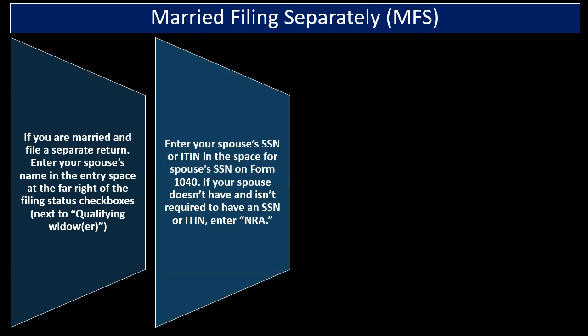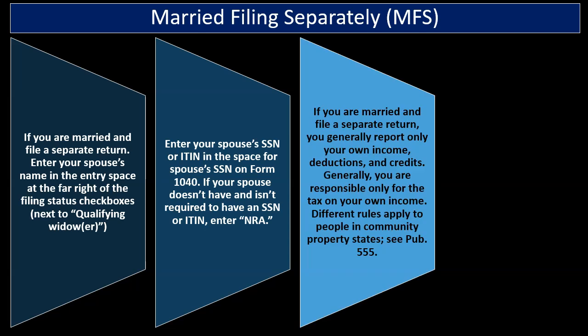So we're still going to have the information related to the spouse for a married filing separate return. Enter your spouse's SSN, Social Security number, or ITIN in the space for the spouse's Social Security number on Form 1040. If your spouse doesn't have and isn't required to have a Social Security number or ITIN, enter NRA.